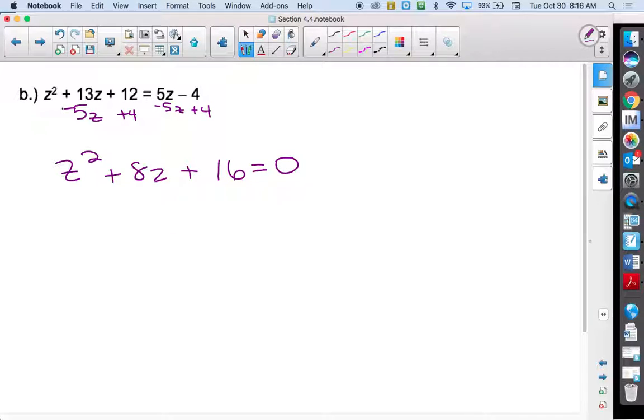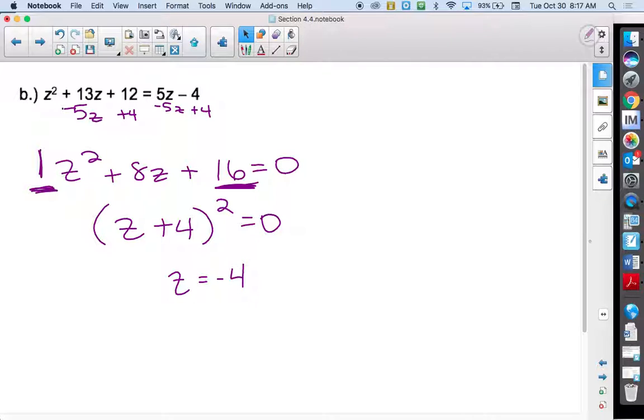And asking yourself those 3 questions. Is there a GCF? Are they special numbers? Yeah, they actually are because we have a 16 and a 1. So this factors as z plus 4 squared. You could also factor that the AC grouping way because 16 is a pretty small number.